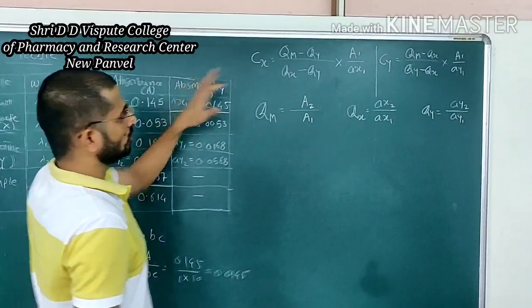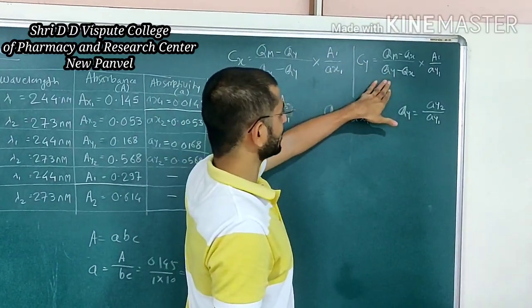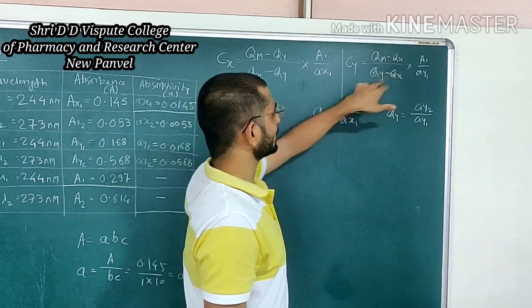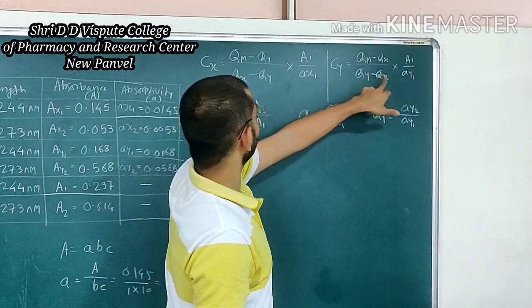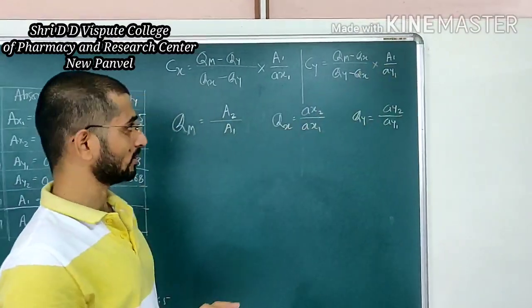Again, for the determination of Cy, the formula is Qm minus Qx upon Qy minus Qx, into A1 upon AY1.